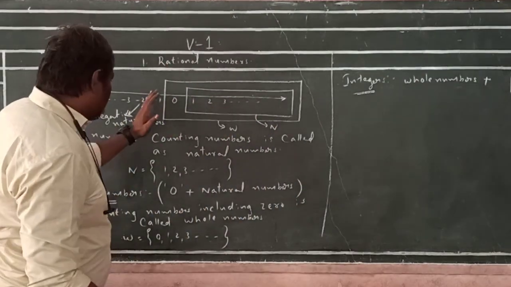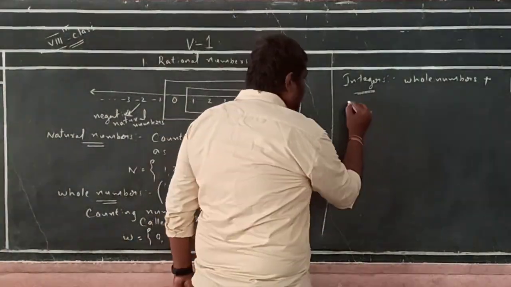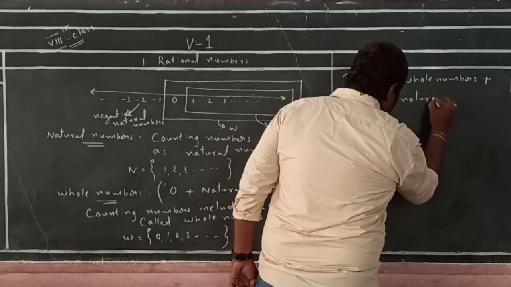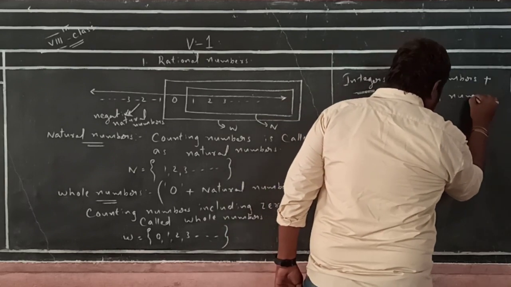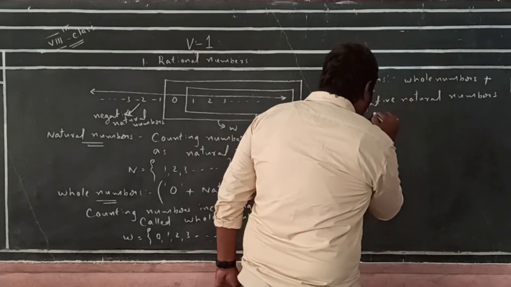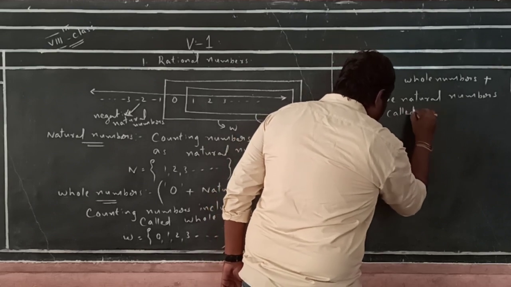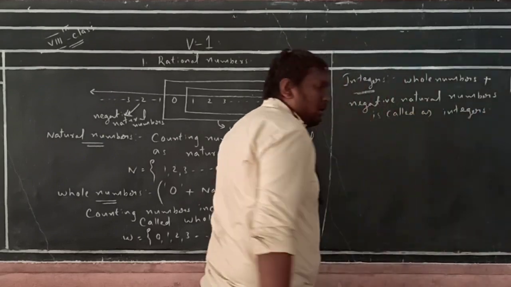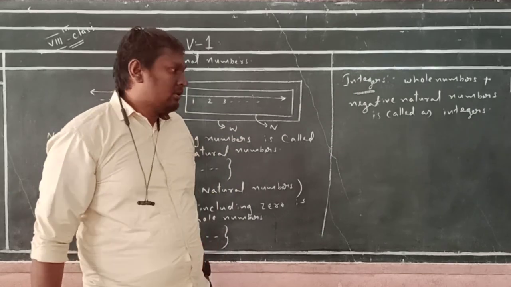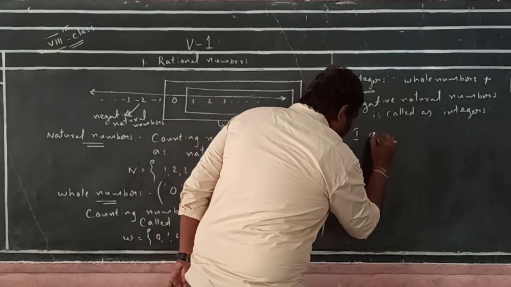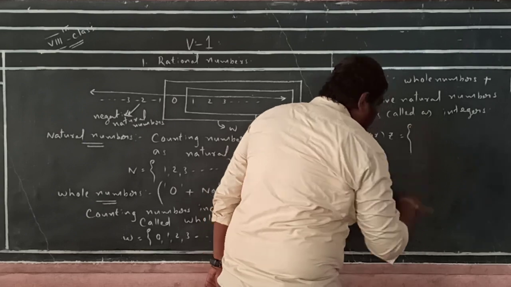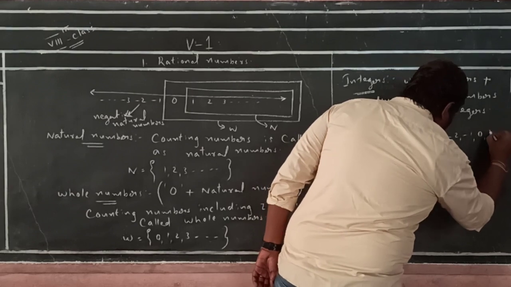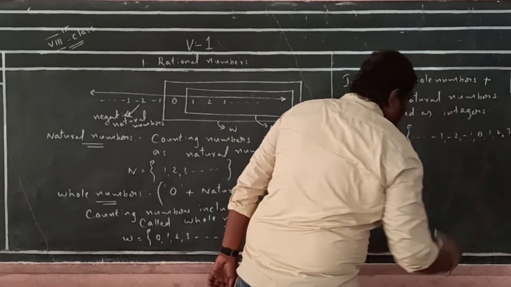These whole numbers, these negative natural numbers, are called integers. Here integers are denoted by Z. Okay, understand?